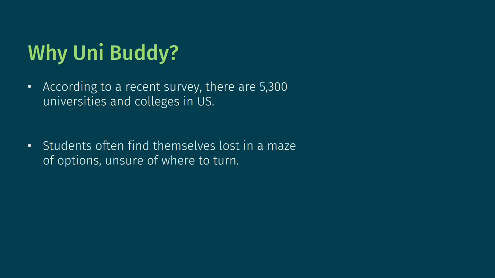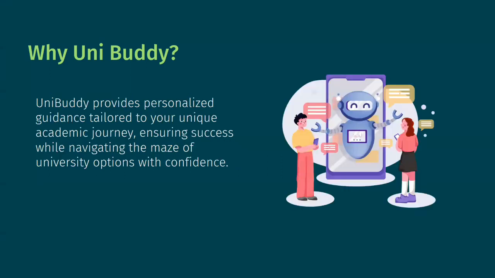So that's where UniBuddy comes into play. It provides personalized guidance based on the preferences of the user. It takes students' preferences and provides responses tailored to the students, and also suggestions based on their unique inputs given to the product.